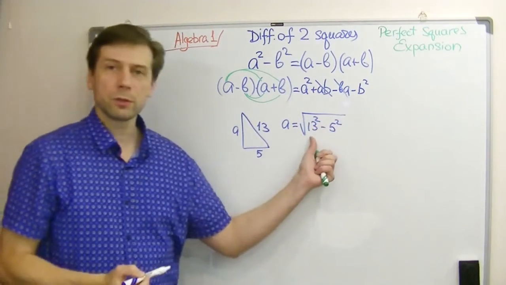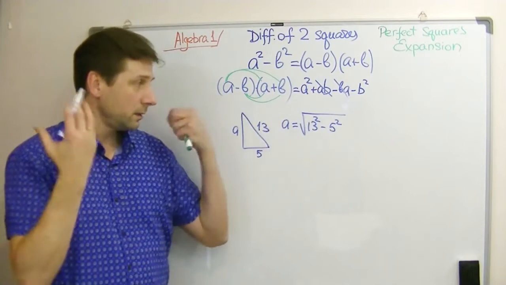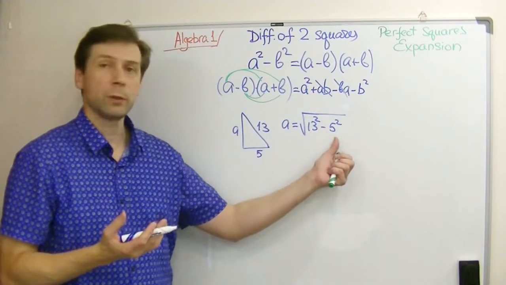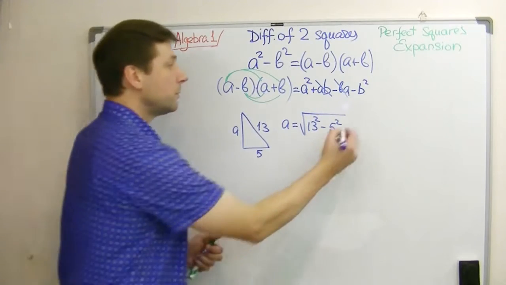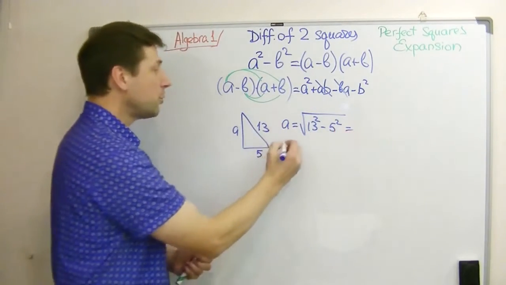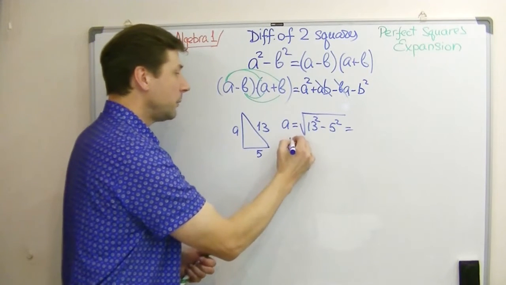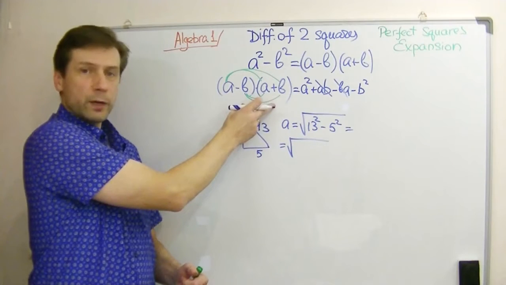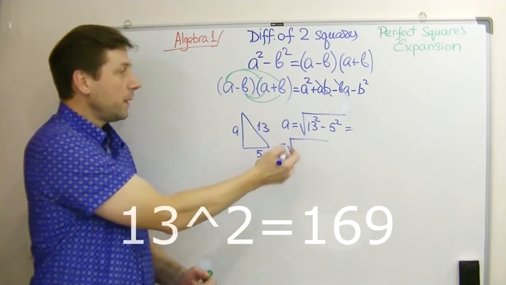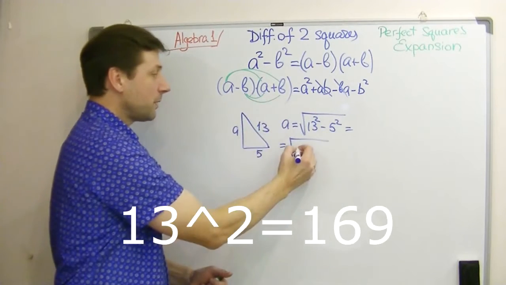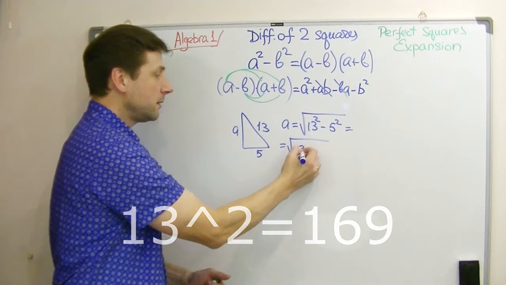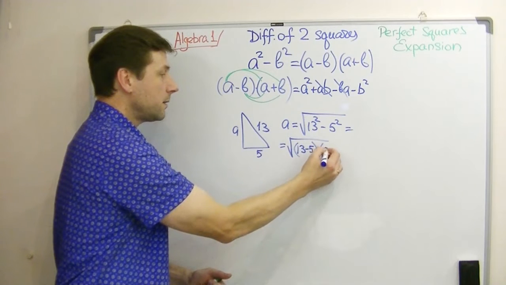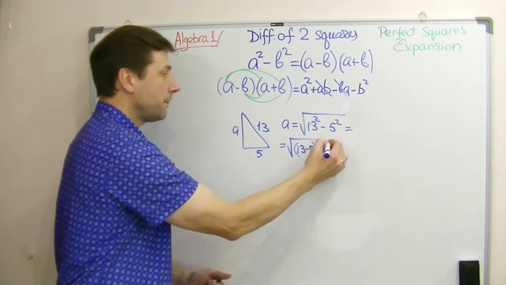It's basically not so difficult to calculate in our mind. 13 squared is 169, 5 squared is 25, but we can also show a better way. By the difference of two squares, we can calculate it as 13 minus 5 multiplied by 13 plus 5, okay?